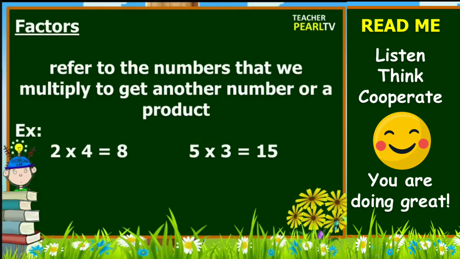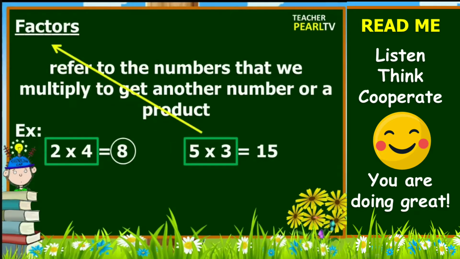In this sentence, 2 and 4 are considered factors of 8. Next example, we have here 5 times 3 equals 15. 5 and 3 are factors of 15.